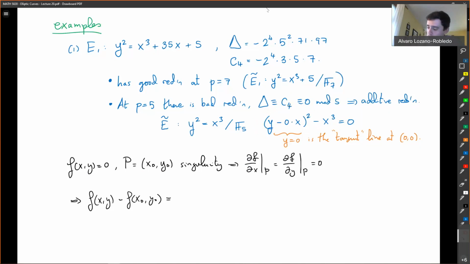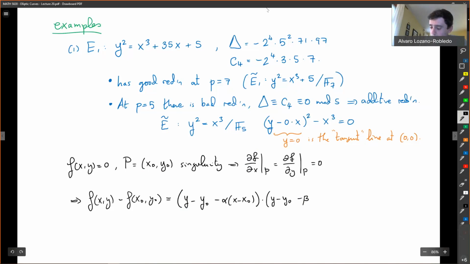So to analyze the singularity, in particular to analyze whether there is multiplicative split or non-split reduction, what you do is factor the quadratic term, and it factors as follows: (y minus y0 minus alpha(x minus x0)) times (y minus y0 minus beta(x minus x0)) minus (x minus x0) cubed.